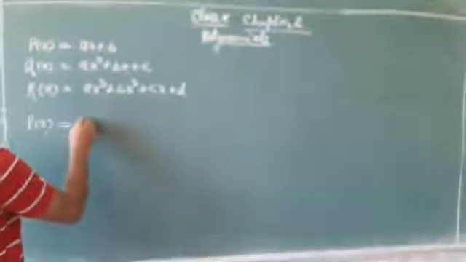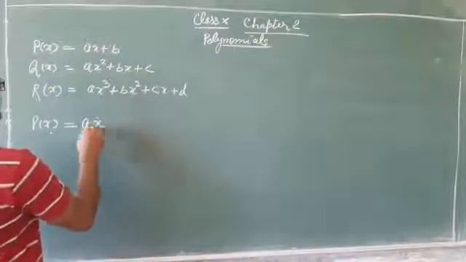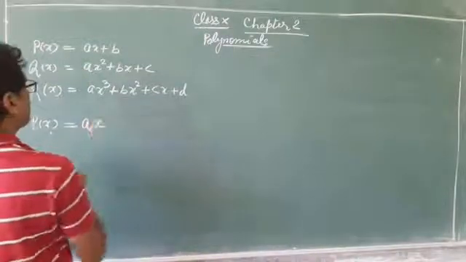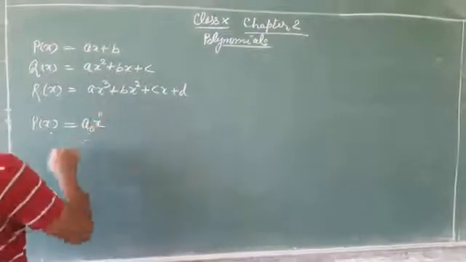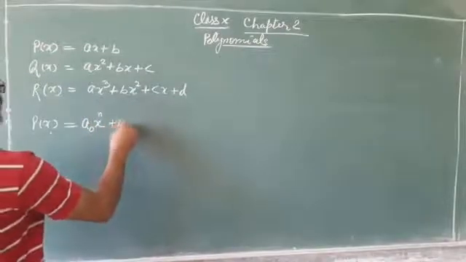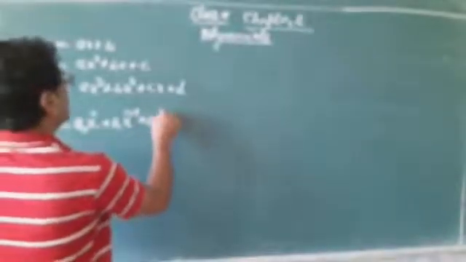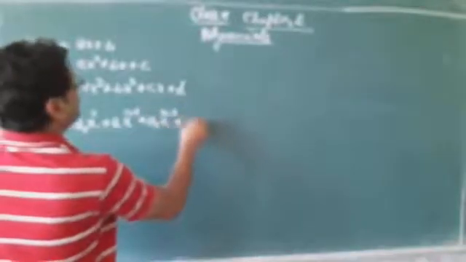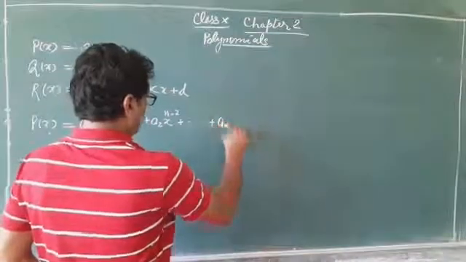We can write, suppose that in p of x, a naught x to the power n plus a1 x to the power n minus 1 plus a2 x to the power n minus 2 plus dot dot dot, and so on, plus a n.